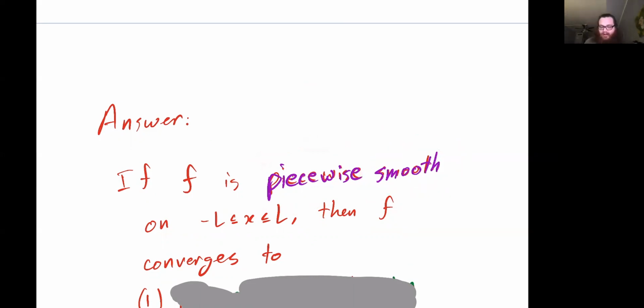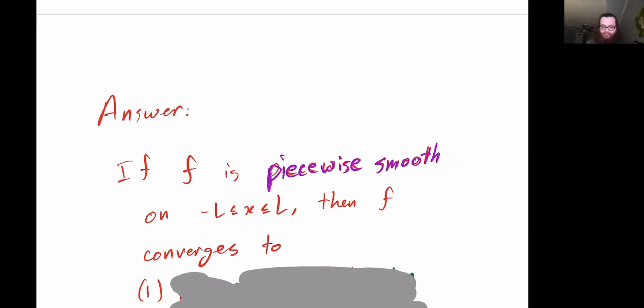Okay. And another thing to note is that just because we're saying it's piecewise smooth, the function f doesn't necessarily need to be continuous. Sometimes when people say piecewise smooth, they mean continuous and piecewise whatever. Here we just mean on the pieces it's smooth, but between those pieces, there may be jump discontinuities.